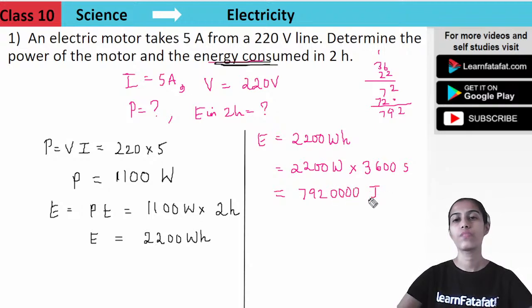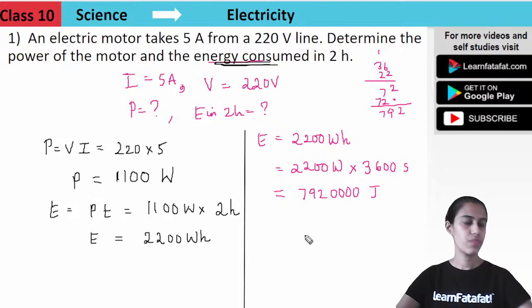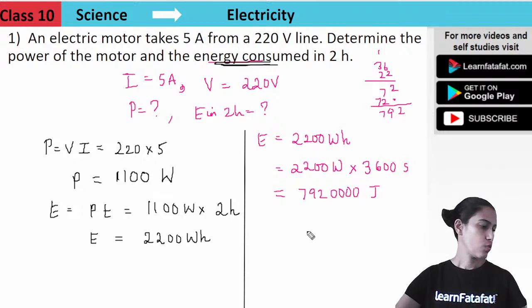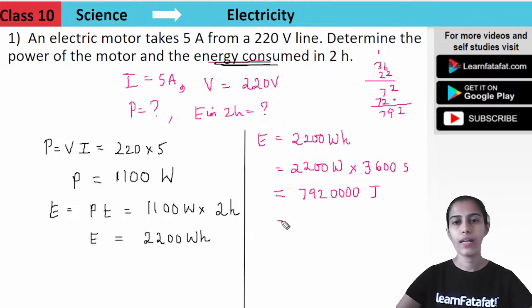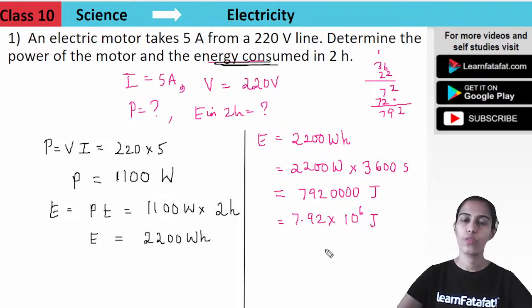ये जो होगा आंसर ऑफ दिस इज इन जूल, जो है एसआई यूनिट इलेक्ट्रिकल एनर्जी का. सो स्टैंडर्ड फॉर्म में लिखना होगा हमें आंसर, तो ये डेसिमल आना चाहिए 7 के बाद 7.92. And if the decimal has to come here, it will become 6 places. 7.92 into 10 raised to 6 joule.